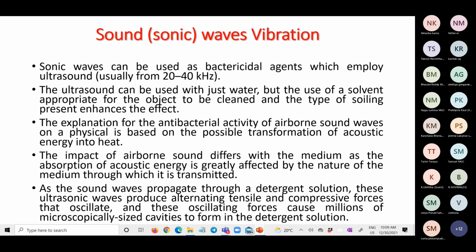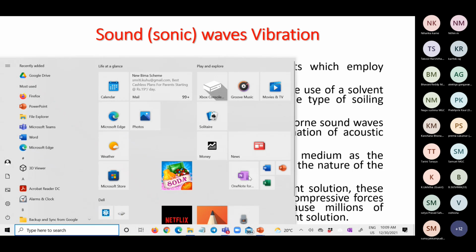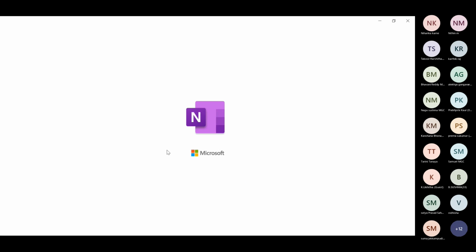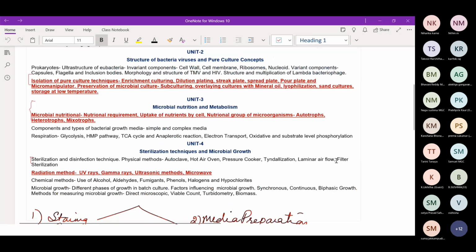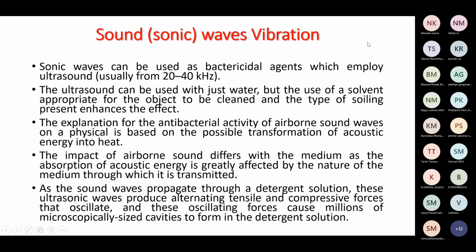Now the last is sonic waves, or sonic vibration. This is also important.